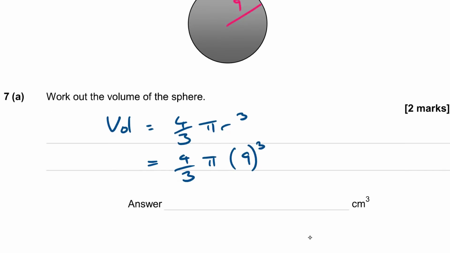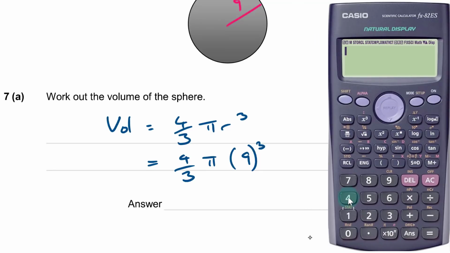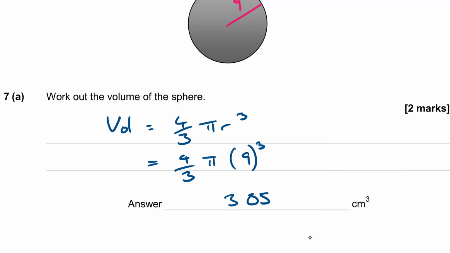It's a matter of really typing that into the calculator. So 4 divided by 3 times pi times 9 to the power of 3. I make that 3,053 and change. So I'm just going to round off 3053 to the nearest whole unit.